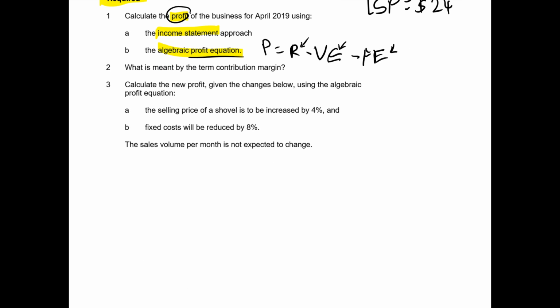Very simple. For the income statement approach, you always start with the revenue. Revenue equals your selling price times the quantity.